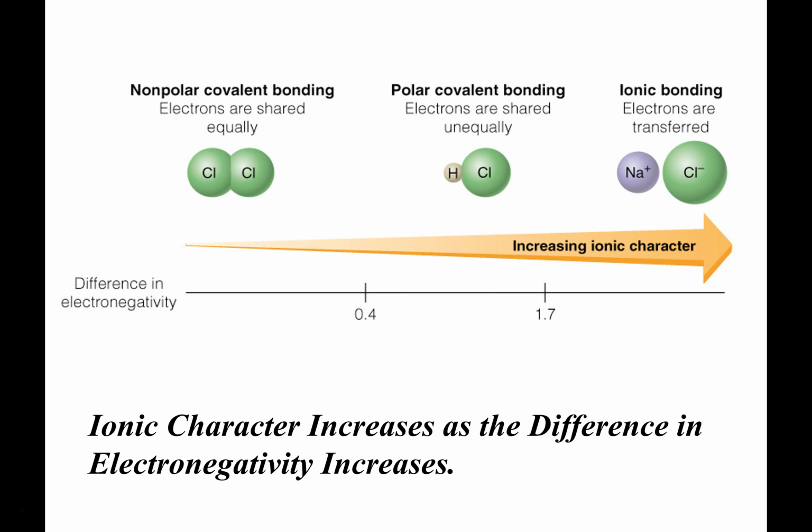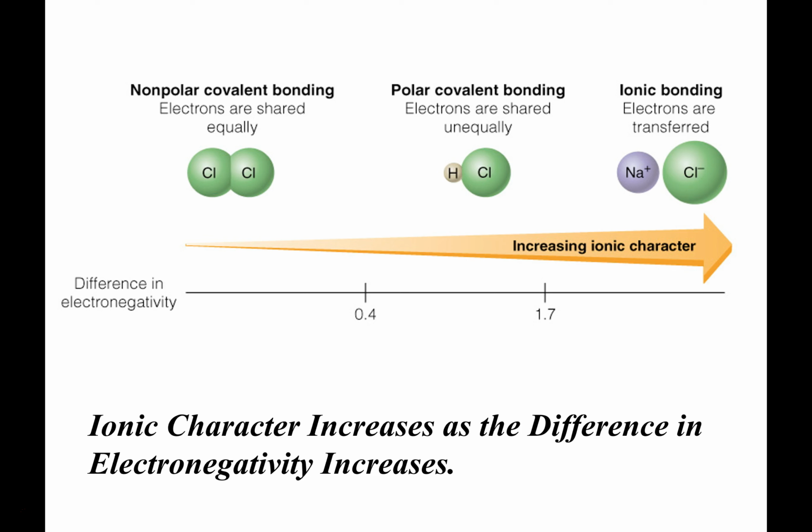And here's an example. I have hydrogen. So what's the electronegativity value of chlorine? 3.0. So if I join a hydrogen and a chlorine and evaluate the electronegativity difference, it would be these two: 3.0 minus 2.1.